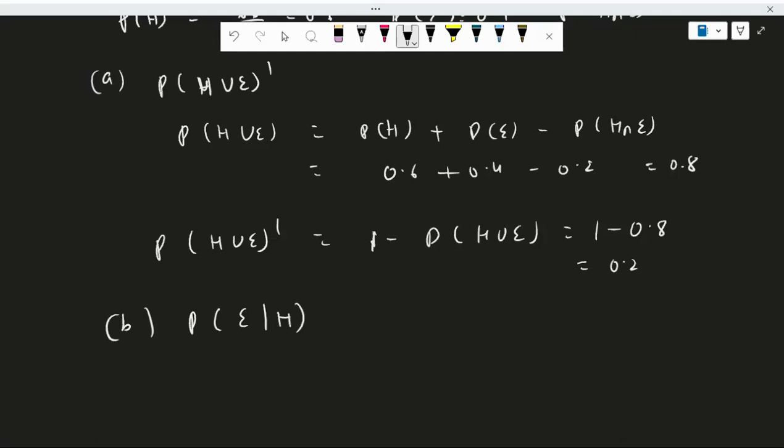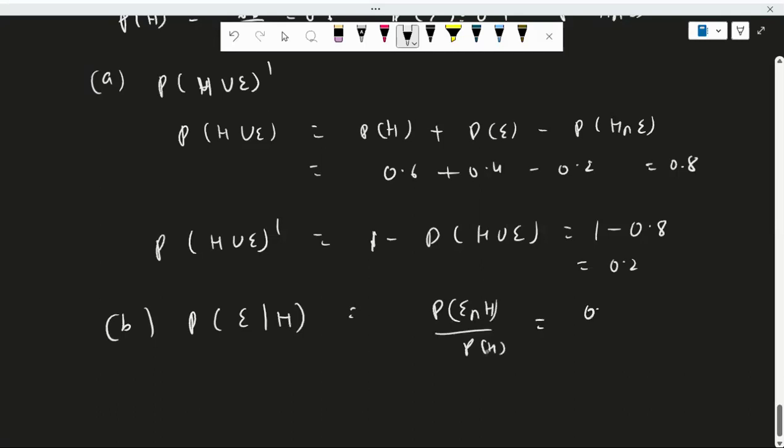So the conditional clause will come after the oblique sign, and the answer will be completely different. P(E intersection H) over P(H). P(E intersection H) is 0.2 and P(H) is 0.6. That comes to 1 over 3.